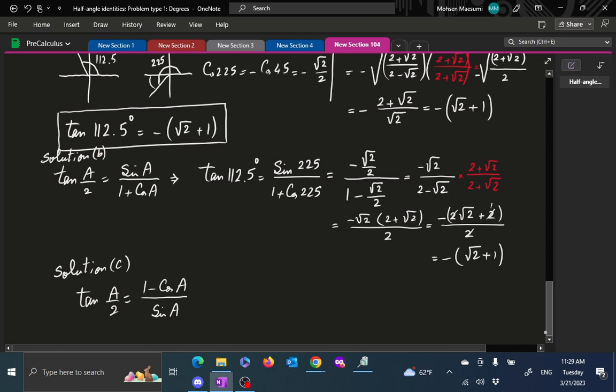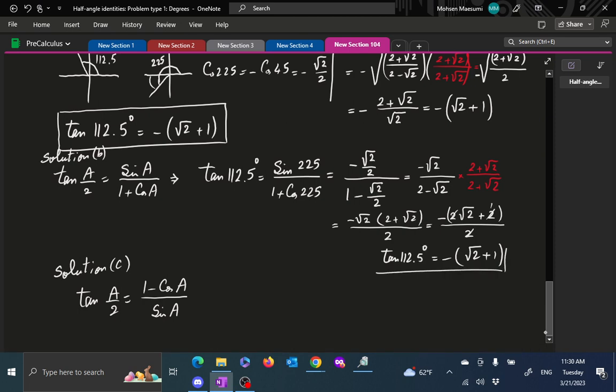So here we got type B, tangent of 112.5. I'm going to leave that for you to go through the process and do the rationalization and find out the final answer is the same as everything we have done so far.